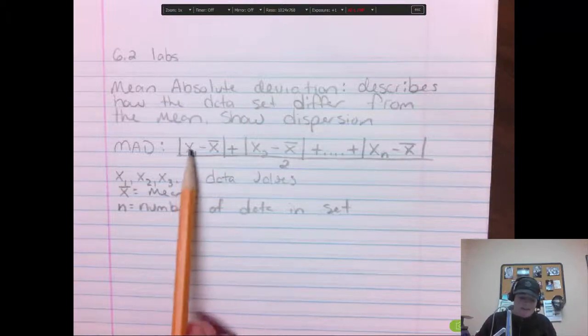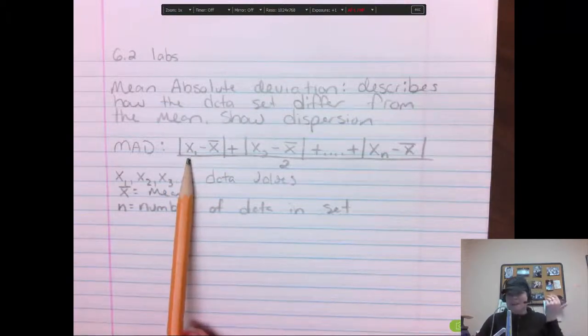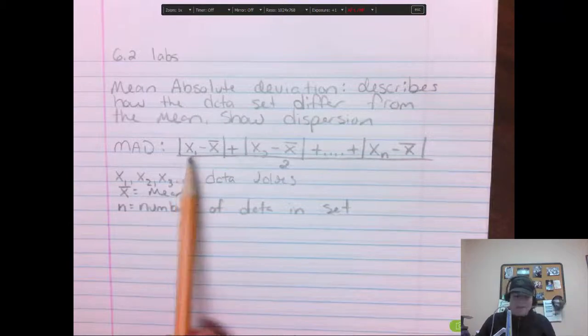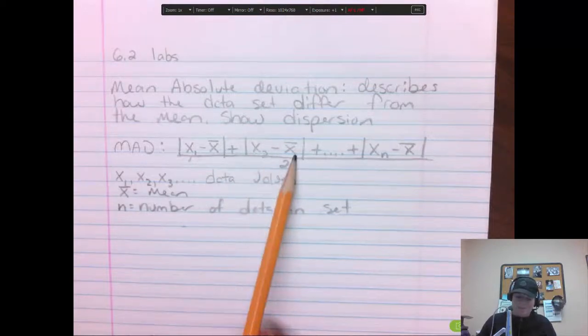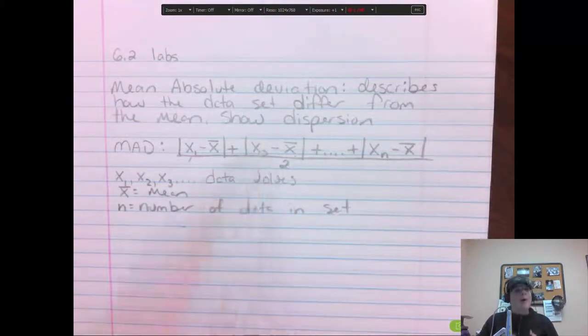So this is telling us to take the numbers you're given in your data set, subtract the mean, then take the absolute value. Then we're going to add it to the next data value minus the mean, absolute value. Why absolute value? Because we're talking distance. How far from the mean are you? We don't care which direction you go from the mean. Remember, mean's the middle. You could go both ways.